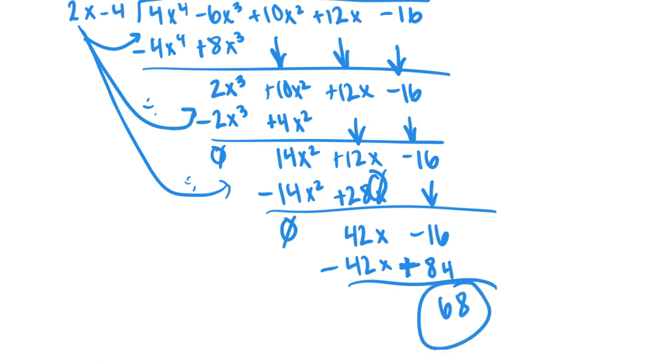So our final answer would be, let's write this out, 2x cubed plus x squared plus 7x plus 21 with the remainder of 68. So we're going to write that 68 over 2x minus 4. Oh, that back part will reduce. We're not going to worry about that, though. So we are okay with this. This is our final answer.